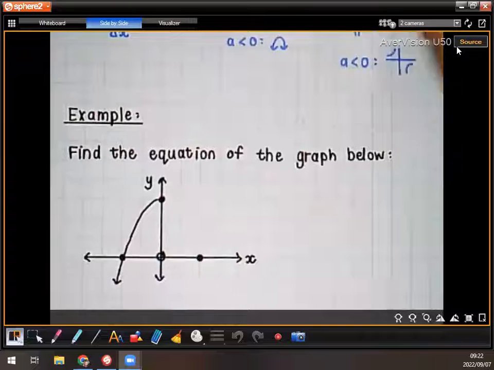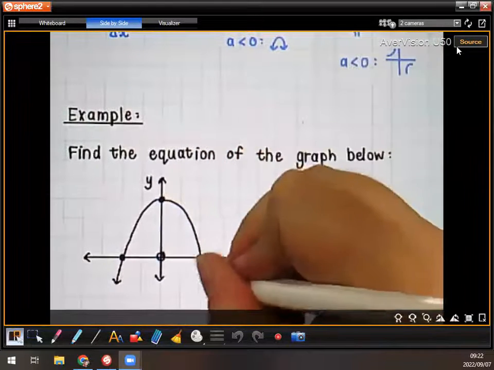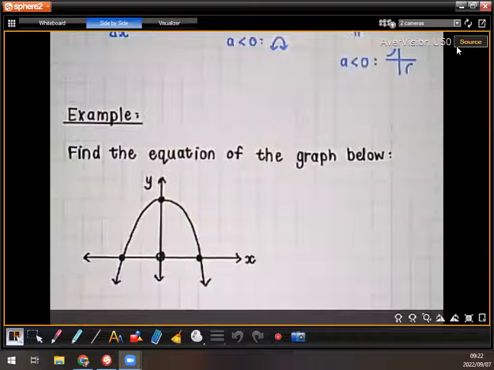That's a parabola, guys, so you can draw the graphs along.